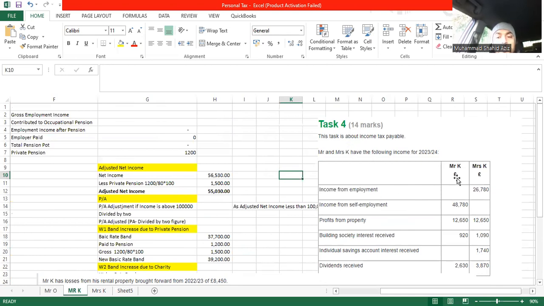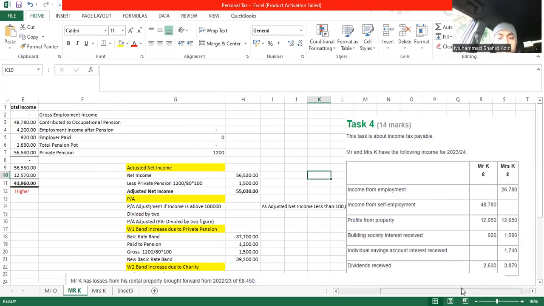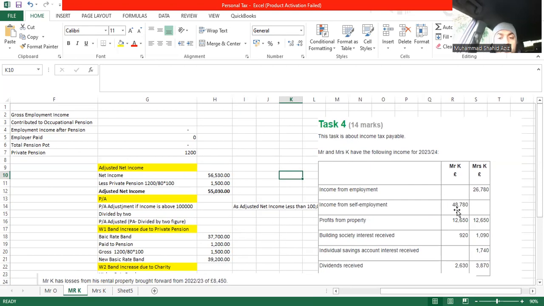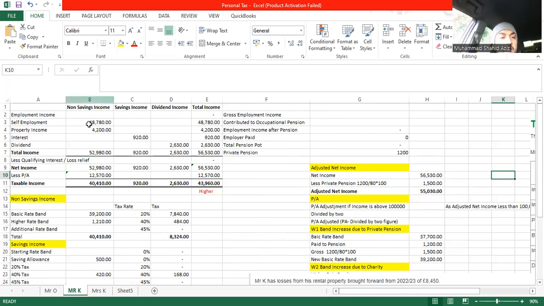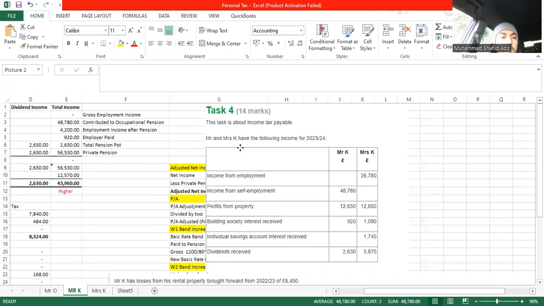It's about husband and wife, Mr. K and Mrs. K. In this example, first we are going to do Mr. K, and then we will do Mrs. K. For Mr. K, there is no income from employment, and income from self-employment is there. We will write it here, 48,780. And the next thing is, I will move this one a little bit here.